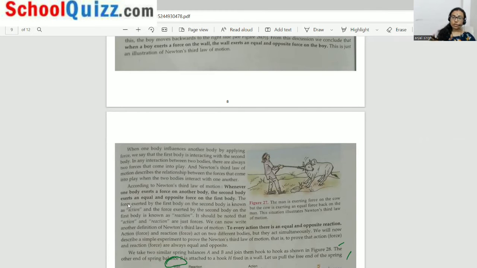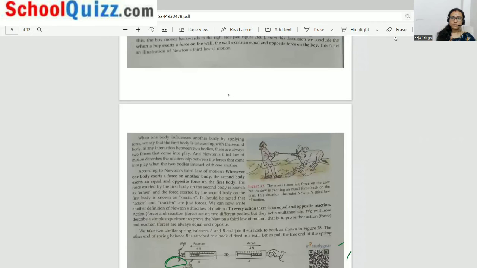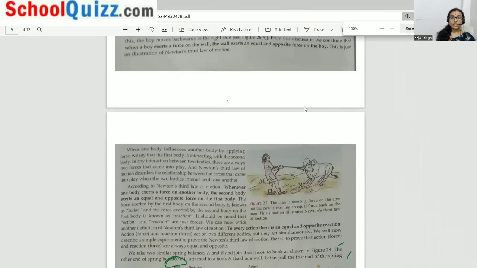Sometimes a student or a person who is angry just punches the wall, and they also feel pain on their hand. Why? Because there is a reaction force that the wall is exerting on the person. Clear? So this is the third law.